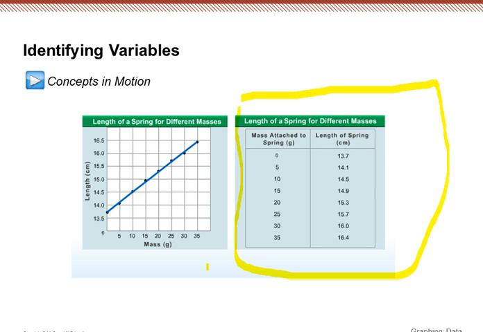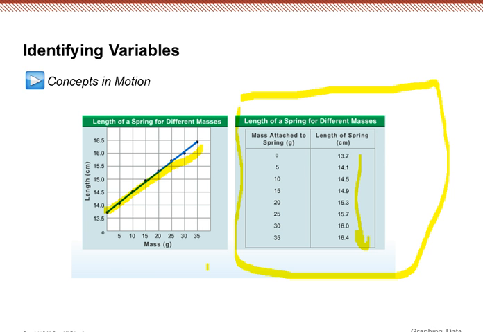Just looking at the table, we can see that as the mass attached to the spring goes up, the length also goes up as well. That doesn't show us a great relationship, whereas a graph shows us a very nice linear relationship.